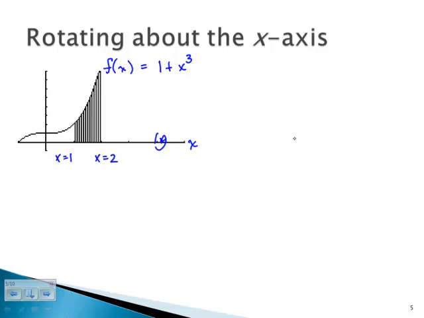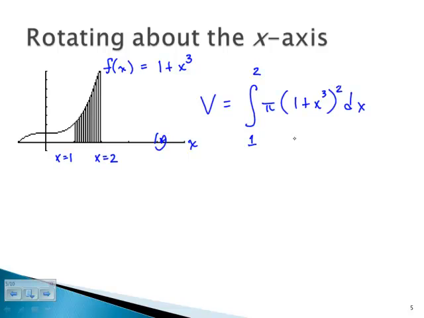So according to the disk method, the formula for the volume is V equals the antiderivative from x equals 1 to x equals 2 of pi times 1 plus x to the third power squared with respect to x.